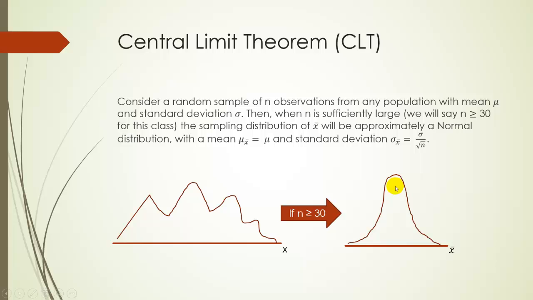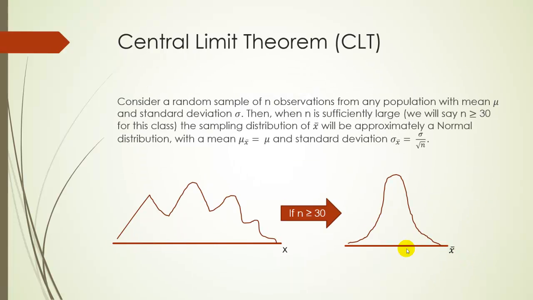I apologize, I tried to draw this with a mouse, so it doesn't look quite normal. It looks kind of choppy, but the idea is we can start off with some crazy distribution of X values, but our sampling distribution of X bars will be fairly normal with a smaller standard deviation, less spread out. And notice again here, I labeled it X bars to indicate we're talking about a sampling distribution of X bars.